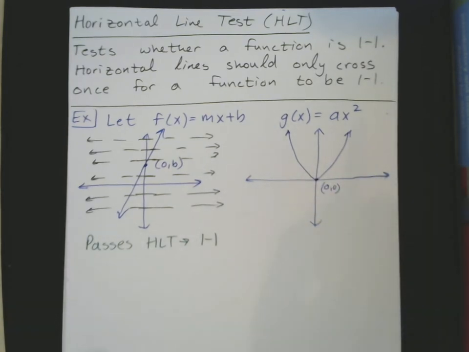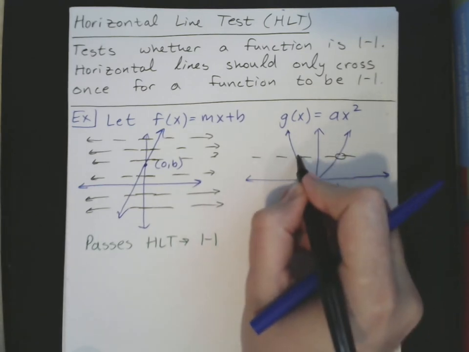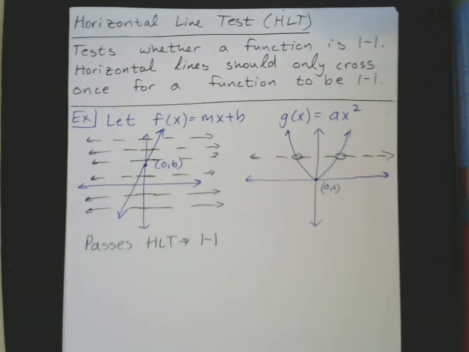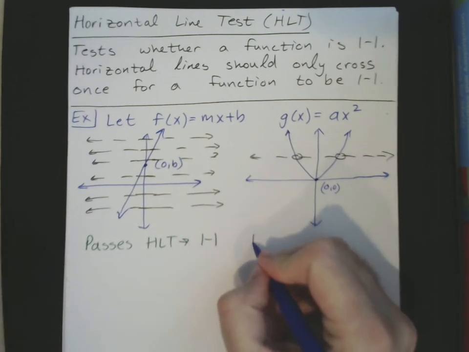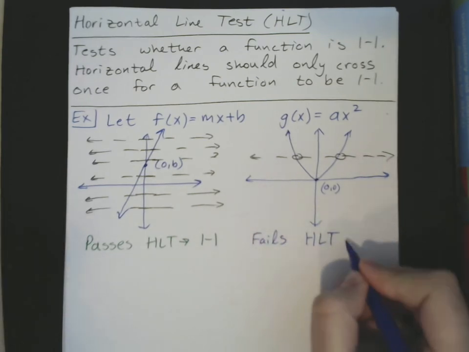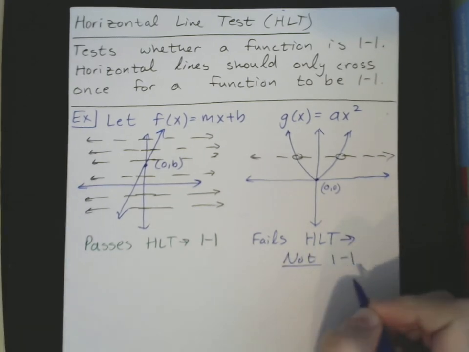Now, no matter what horizontal line we pick, we're going to cross in two places, and that's bad. So this fails our horizontal line test. That means this is not one-to-one.